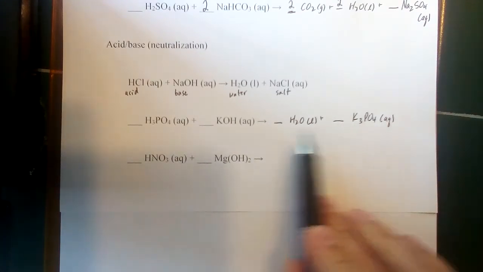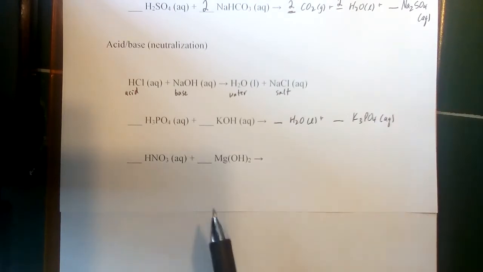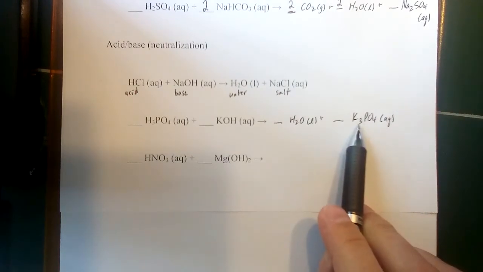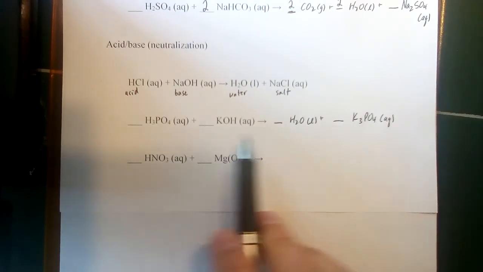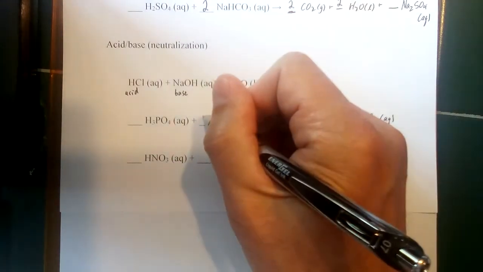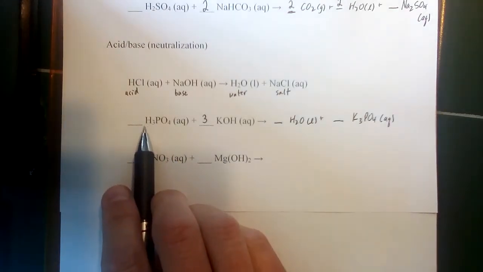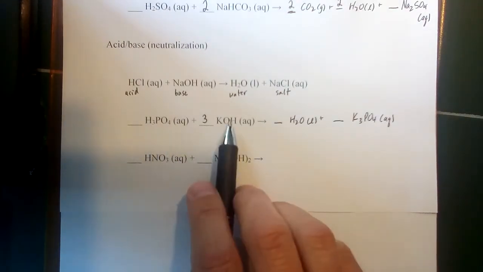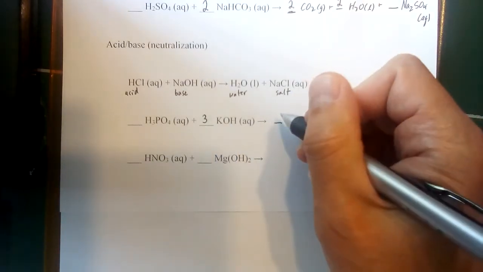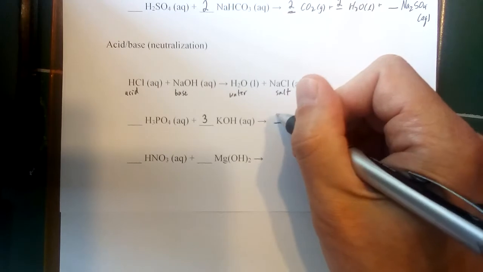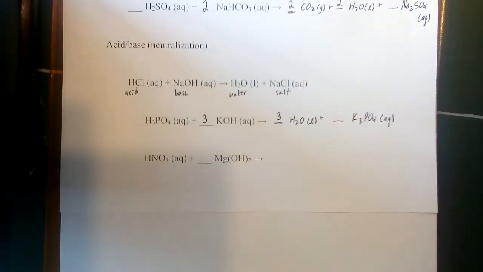Now, once you get the products, we need to balance it. Right? Now, a good place to start here might be with potassium. Since we know we have 3 potassiums over here, that means we need 3 here in front of potassium hydroxide. If we have 3 hydrogens coming from the phosphoric acid and 3 hydroxides coming from the potassium hydroxide, that means we should end up with 3 waters, because we get 1 water for every hydroxide and hydrogen, H plus, that combine.